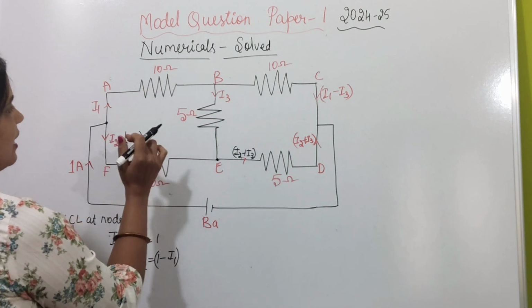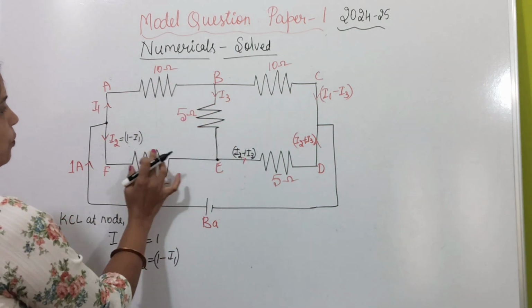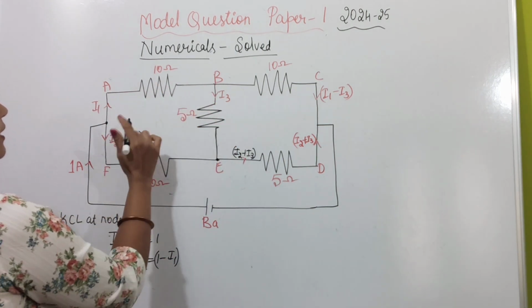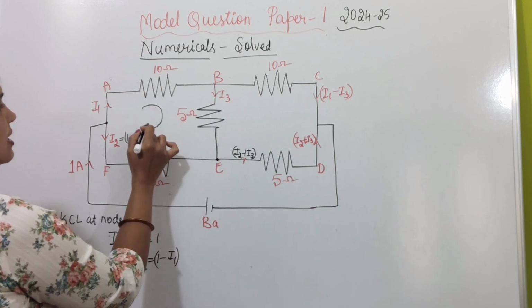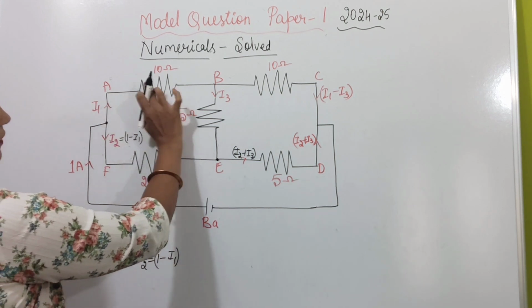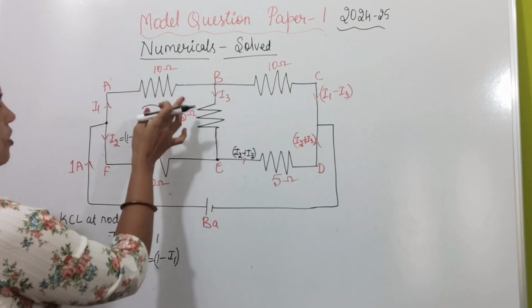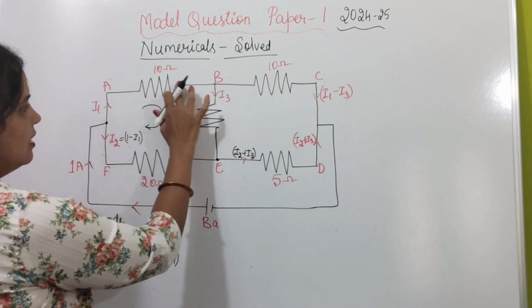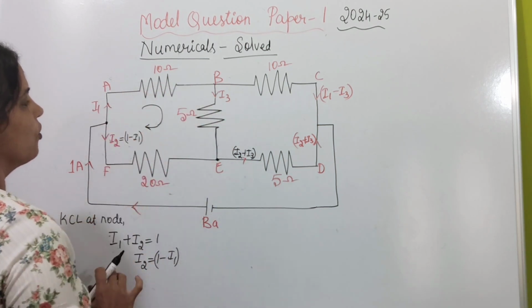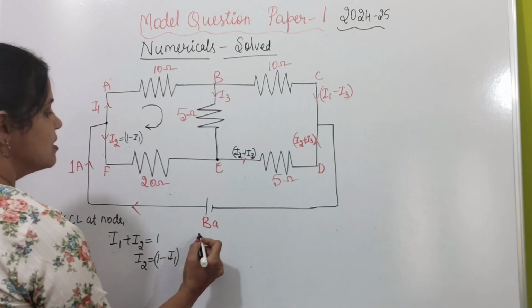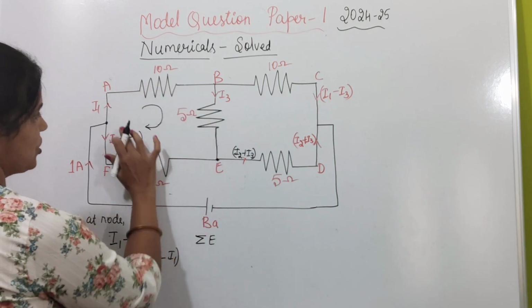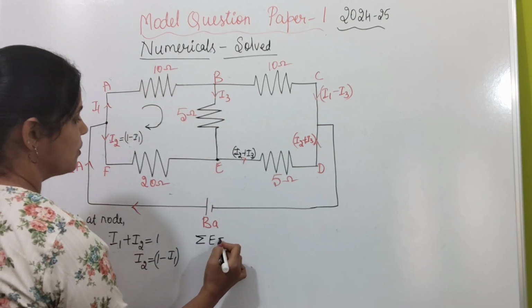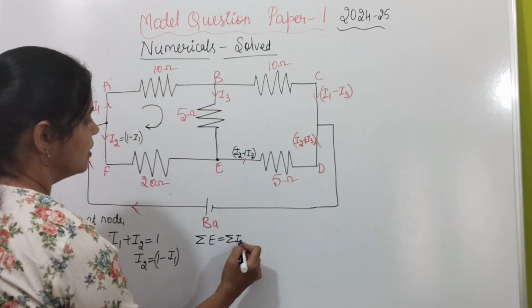So, what is KVL? First you have to take one loop while applying KVL, and you have to note down the traverse of the network. Let us consider this way we are traversing the network, clockwise or anti-clockwise. Then sum of EMF in that mesh or loop is equal to sum of IR.